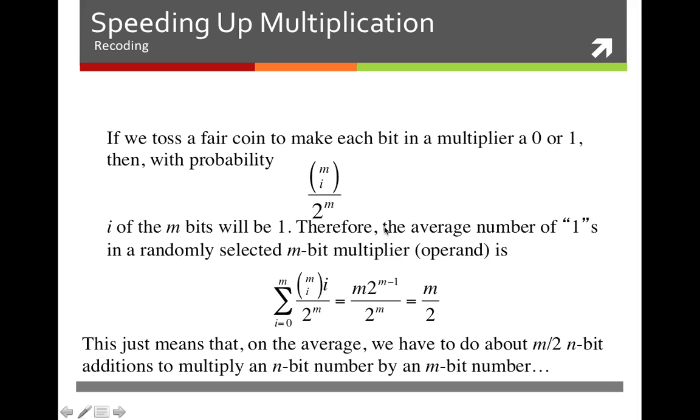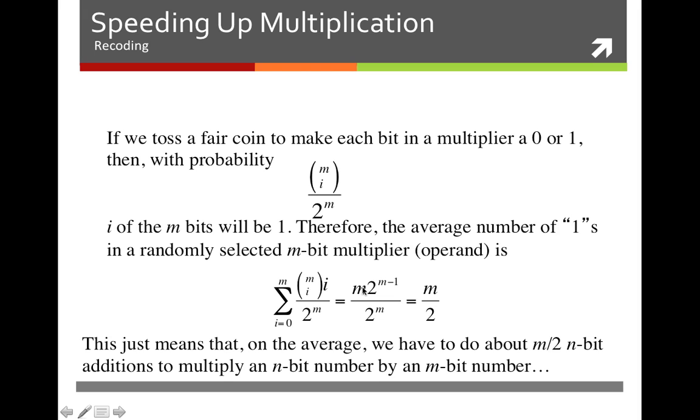And so you can say that the average number of 1s would be the probability times the number of 1s, which is this sum. And if you carry out the summation, you're going to get m times 2 to the m minus 1 divided by 2 to the m. You can take this outside the summation, and you can prove this by the binomial theorem rather easily.